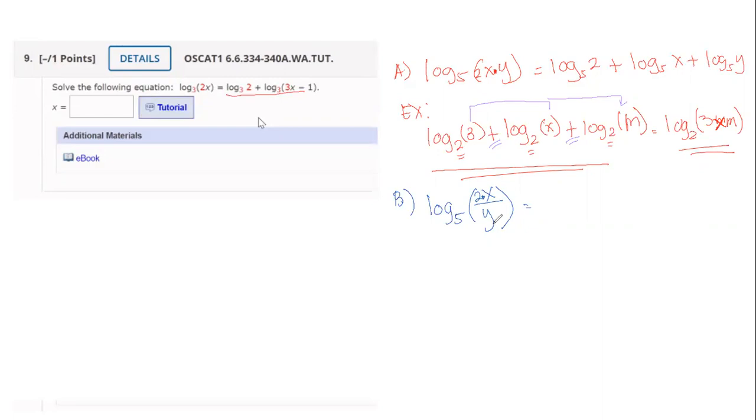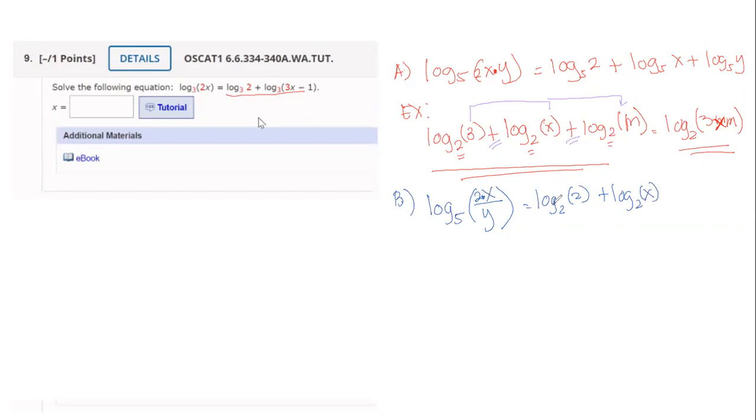But with the y, it's a division. Division becomes a subtraction when you expand it. So in this case, this will become log 2 for that one, and then you have x. Both of them are in the numerator, so they're both positive. So log 2 plus log x. 2 and x are in the numerator.